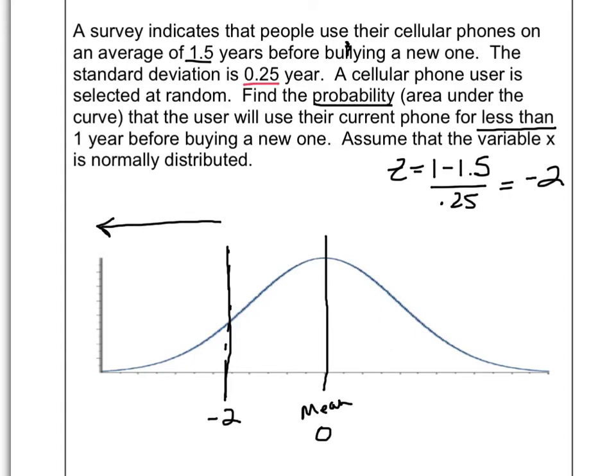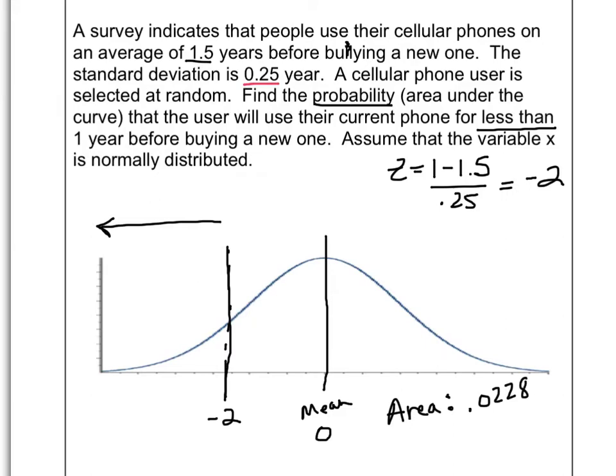So what I would do right now is look at my table A, my chart. I would go down to -2.0 and use the 0.00 as the hundredths, and the value that I come up with for the area underneath the curve on the chart is 0.0228.